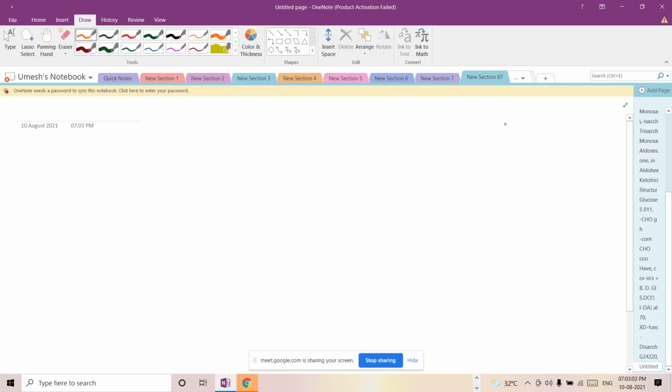Now, let us go to the structure part of it. Structure of sucrose. This consists of D glucose and beta D fructose.